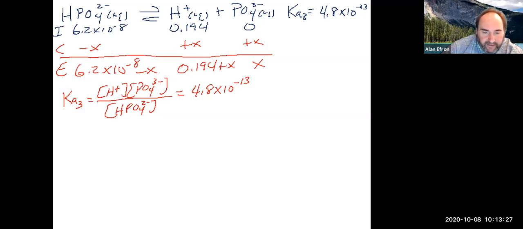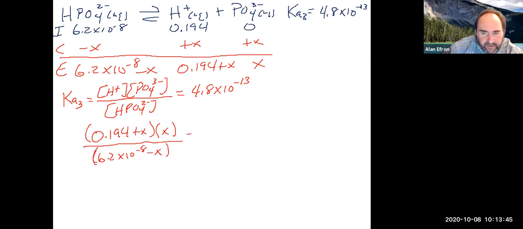We're going to put all of our values into this expression like normal. So we're going to go with (0.194 plus X) times X divided by (6.2 times 10 to the minus 8 minus X), and again, going to equal our Ka3 value here.